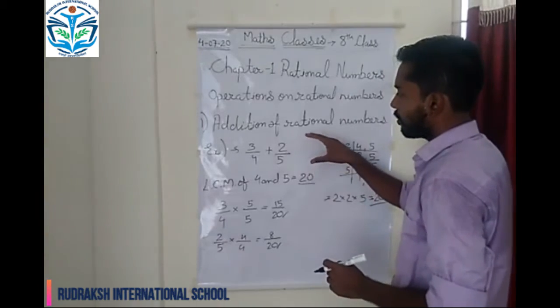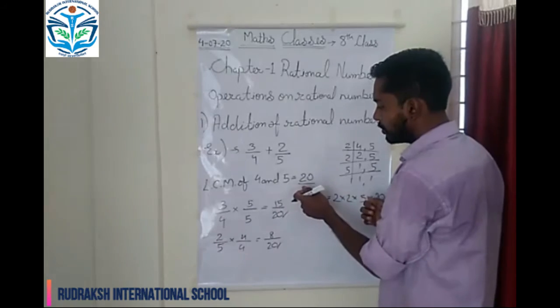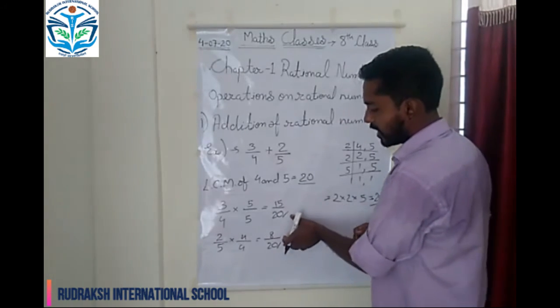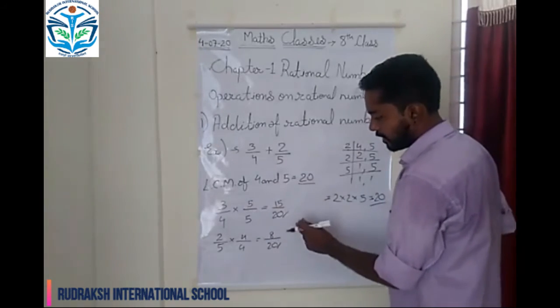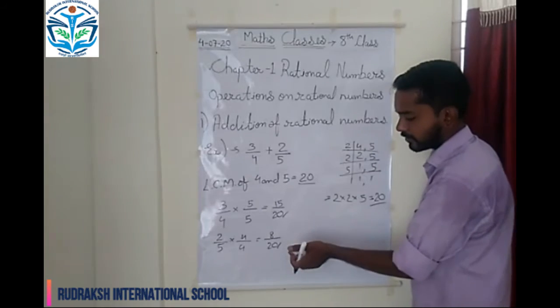So in the case of rational numbers where we are not having the same denominators, first we have to do the LCM and bring them to the stage where we can have the same denominators. So after doing the LCM we are now having 15 upon 20 and 8 upon 20, and you can see here we are having the same denominators.